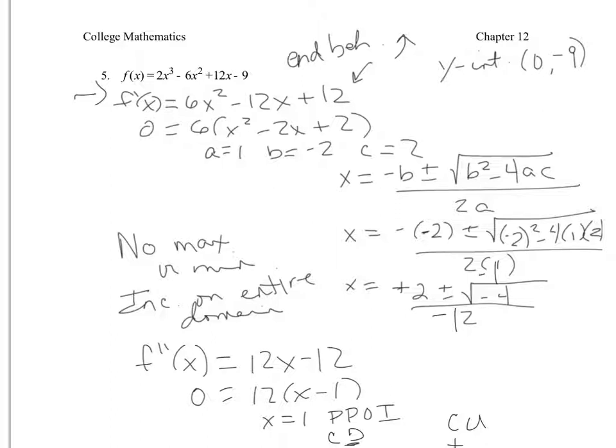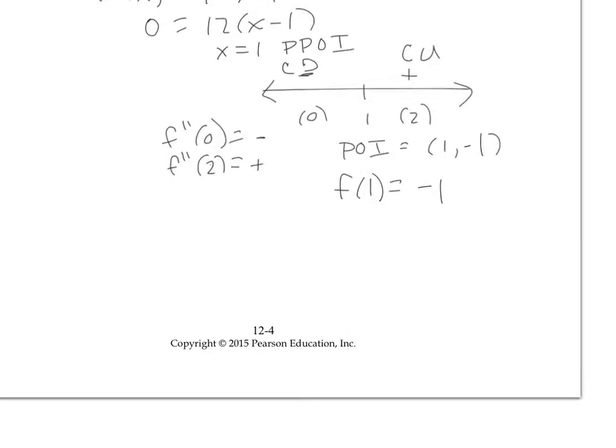Now, I'm going to take all this information and I'm going to try to sketch a graph. Okay, what I know was my end behavior. I had a y-intercept of what? Okay, so I probably should extend this graph.